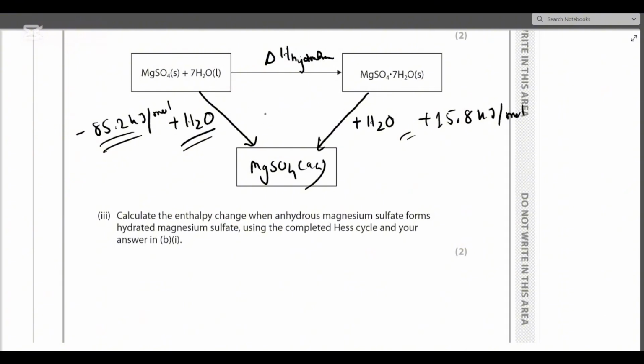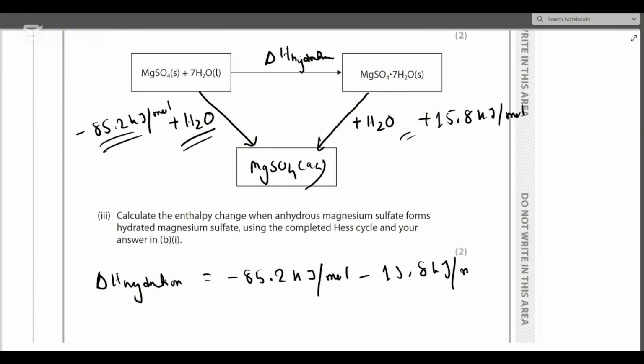you need to go from this to this. So this value is going to become negative if we use our concepts of vector mechanics. So the enthalpy of hydration is equal to negative 85.2 kilojoules per mole minus plus 15.8 kilojoules per mole, considering that to find this, the arrow has to be reversed to this part.